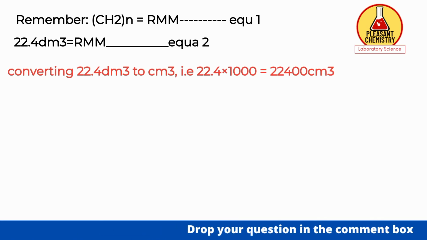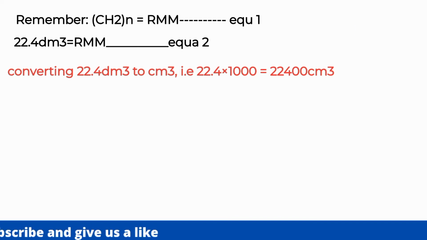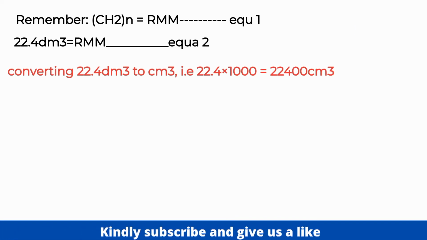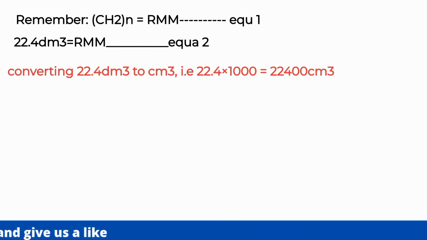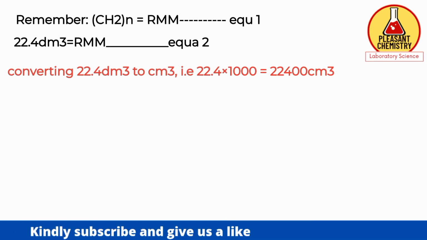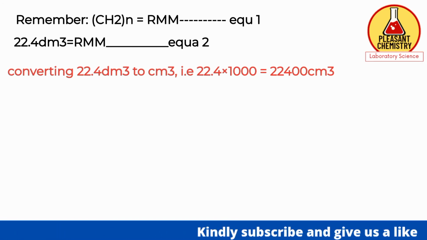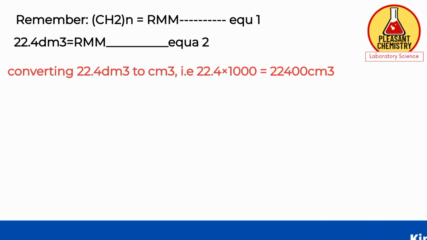So I have the equation 2 now. 22.4 dm3 is equal to RMM. That is 1 mole of a gas. The molar mass of a gas is equivalent to 22.4 dm3. Now that's equation 2. Because in the question we were given a particular value in centimeter cube, we are going to convert that 22.4 dm3 to centimeter cube, and 1 decimeter cube is equivalent to 1000.